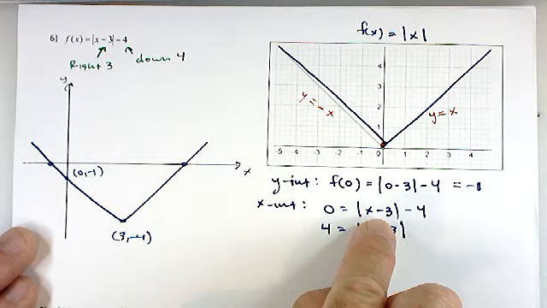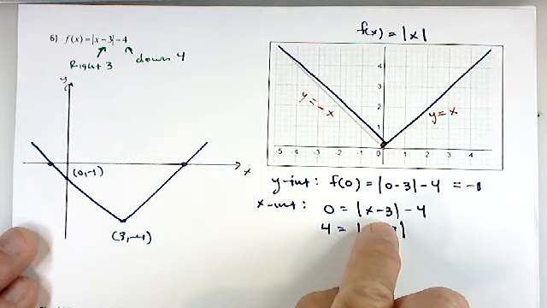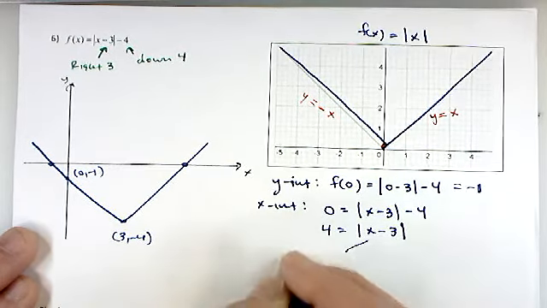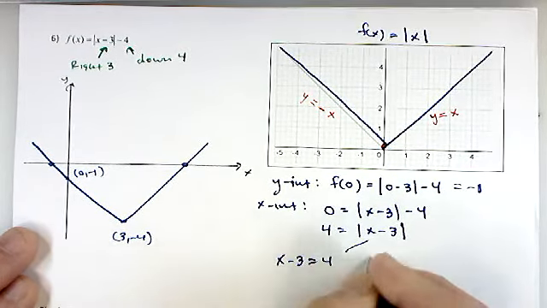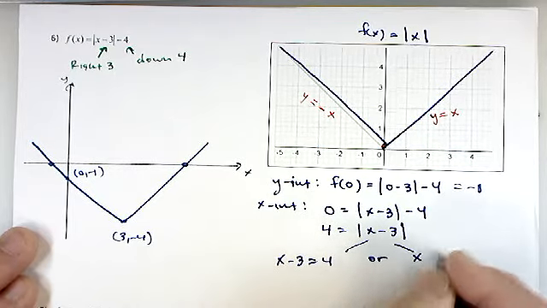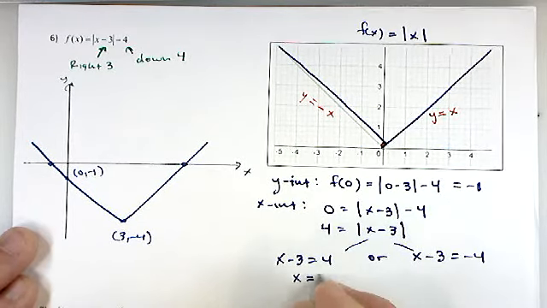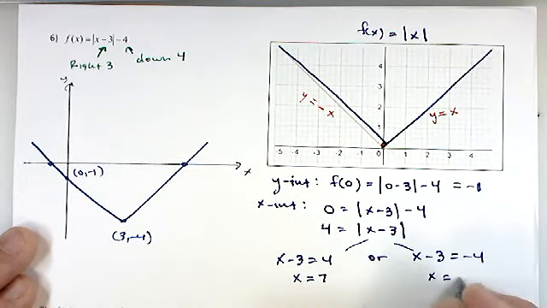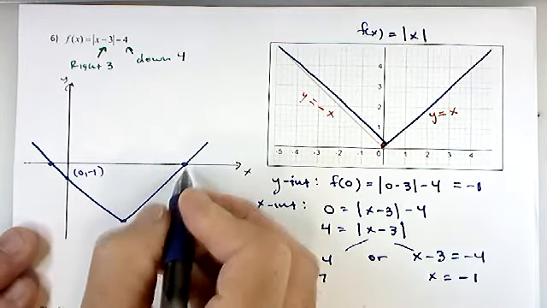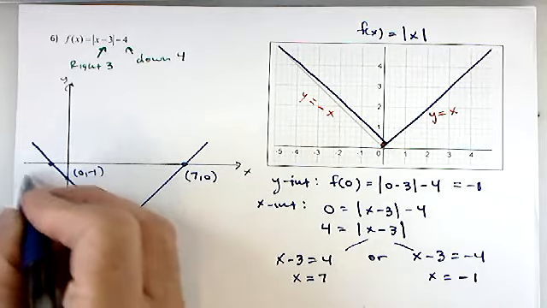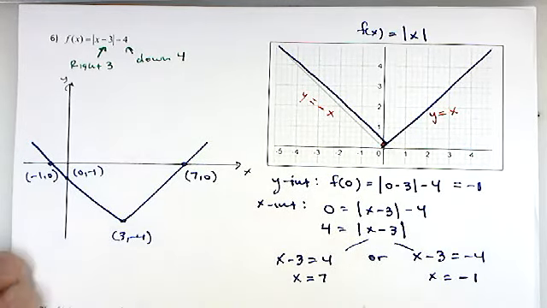Hopefully you see that what's behind my finger could either be 4 or negative 4, right? Absolute value of 4 is 4. The absolute value of negative 4 is 4. So that means that either X minus 3 equals 4 or X minus 3 equals negative 4. This gives me 7. This gives me negative 1. So I know that this point is 7, 0. And this point right here is negative 1, 0.